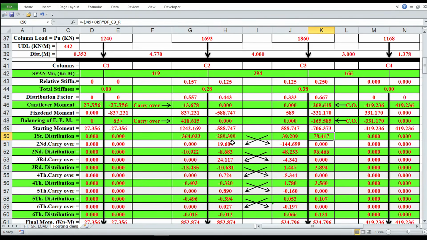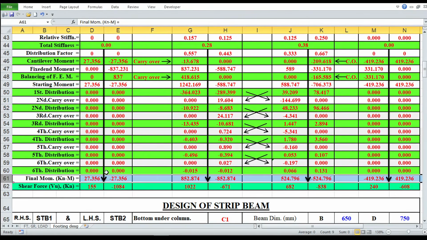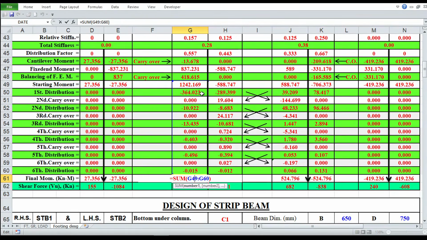Again, we have to distribute. Again, this moment and this moment, half of this moment will carry over to this point, half of this moment will carry over to this point. The process will be continued till this moment is negligible. The final moment is the algebraic sum of all these moments. Similarly for this, and this.